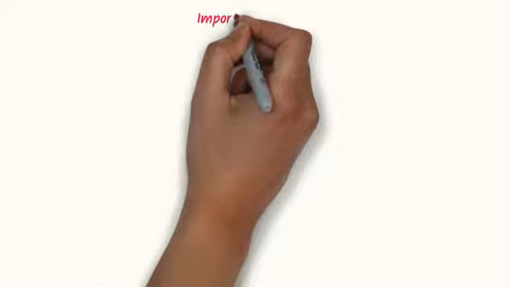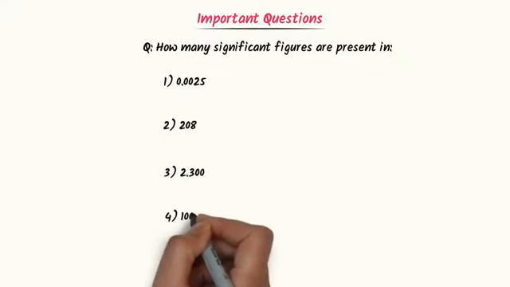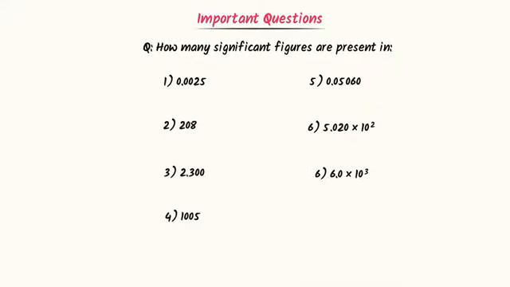Finally, we will learn some important questions of significant figures. We start with question number 1. Here, it is asking us to count the significant figures in each number. Let's go through them one by one using our 3 tricks. The first number is 0.0025. Now look at this number.